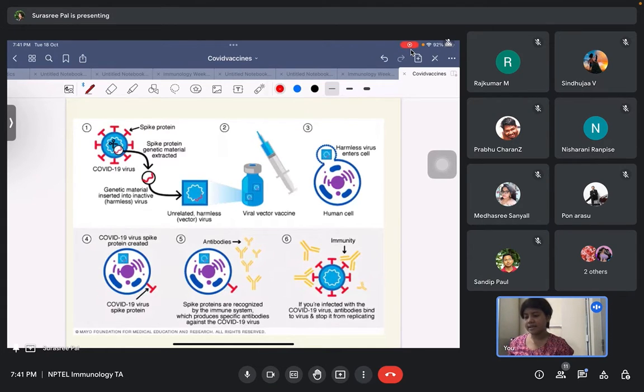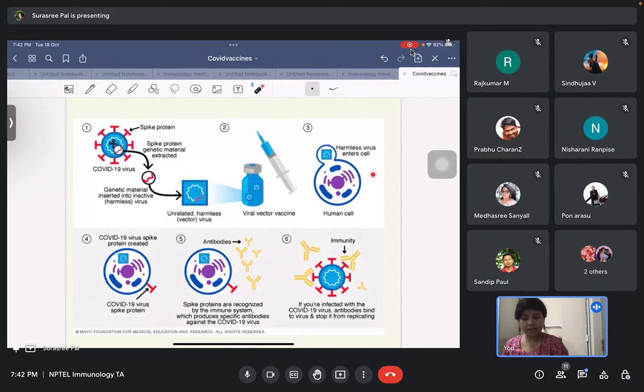You can see this diagram here, which shows that the spike protein of the COVID-19 virus can be recognized in our body, and the body can generate immune responses against this spike protein. So what is done is that the genetic material which encodes this spike protein is incorporated in a vector, and then this viral vector is produced as a vaccine.